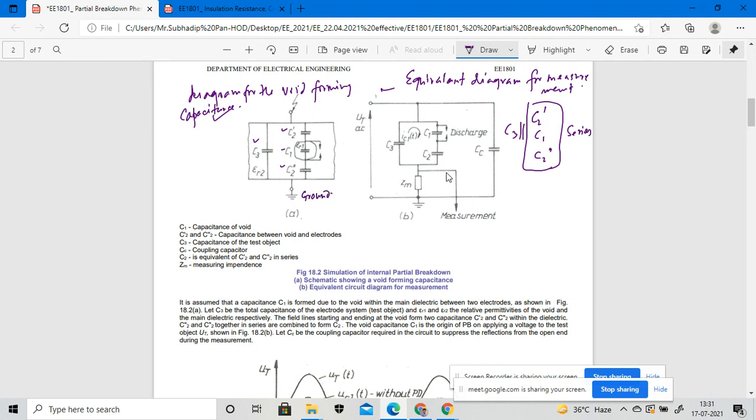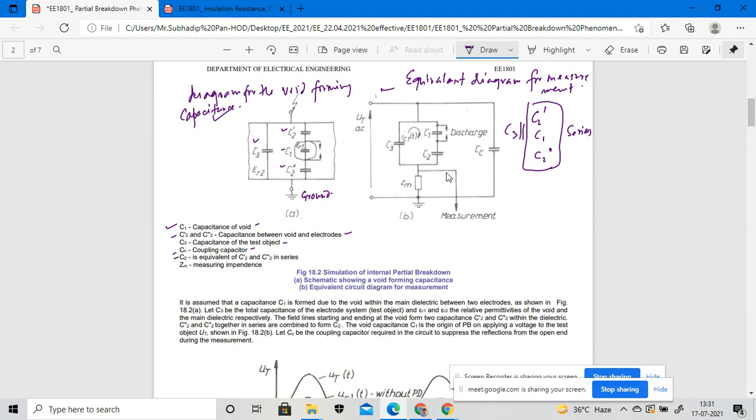Right? So what is C1? Epsilon r1. Due to this particular series capacitor, we have a relative permittivity that will be taken into consideration. So C1 is the capacitance of a void. C2 dash and C2 double dash are the capacitances between the voids and the electrodes. C3 is the capacitance of the test object. CC is the coupling capacitor.